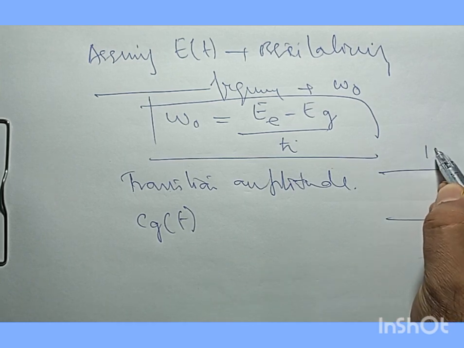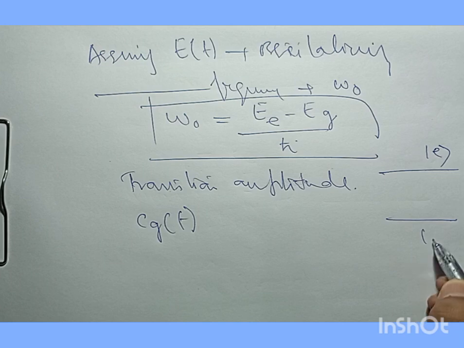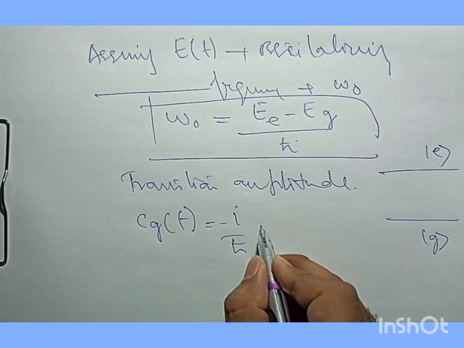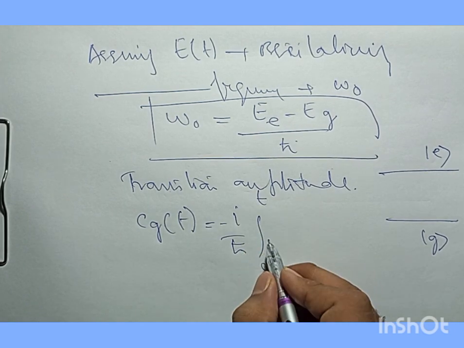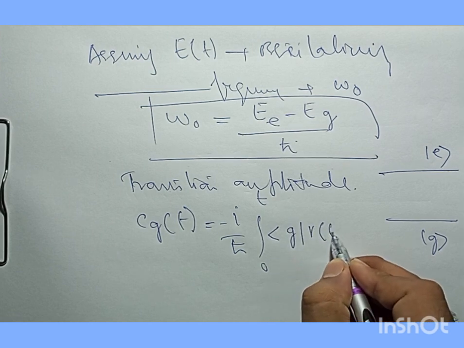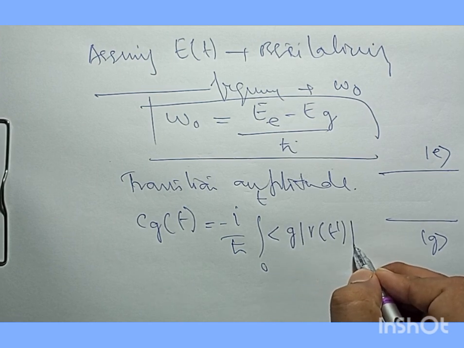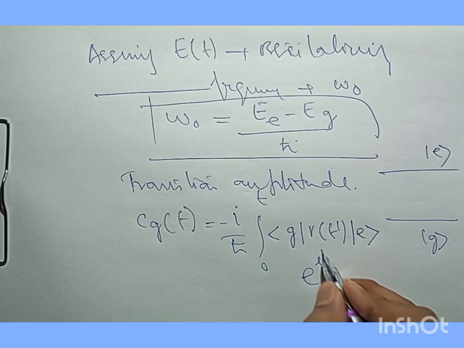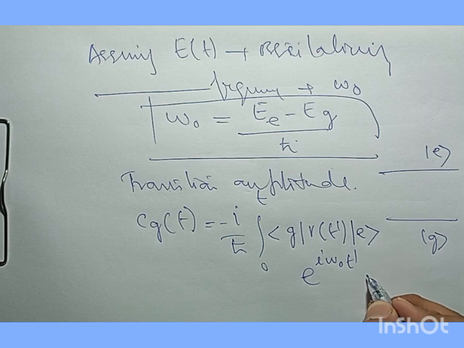So we have the state E and the state G. So what's this going to be? This is minus i by h bar, integral 0 to t, then the matrix element, ground state, V of t dash, and then E, and then e to the power of i omega naught t dash, dt dash.